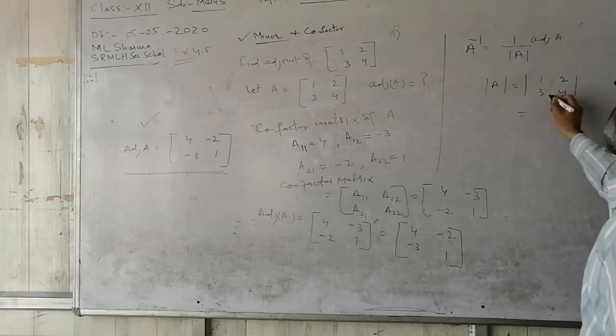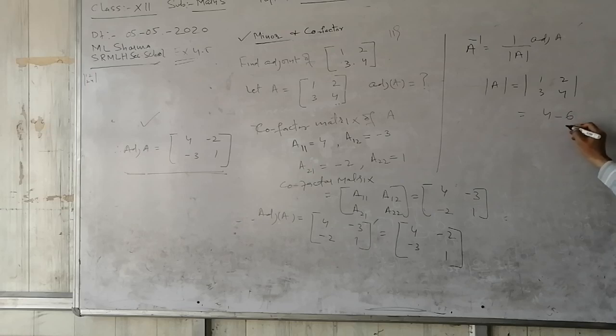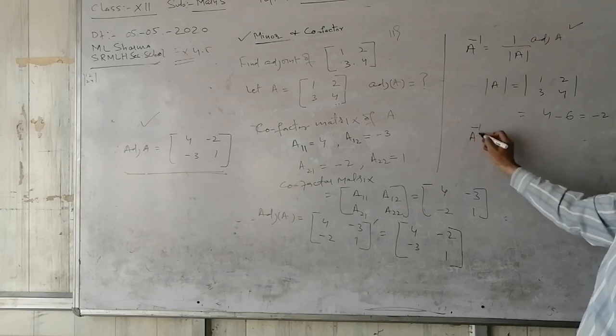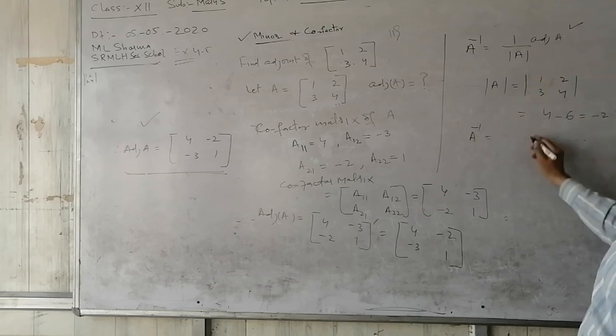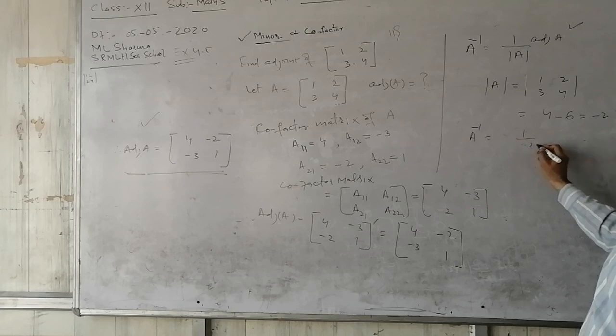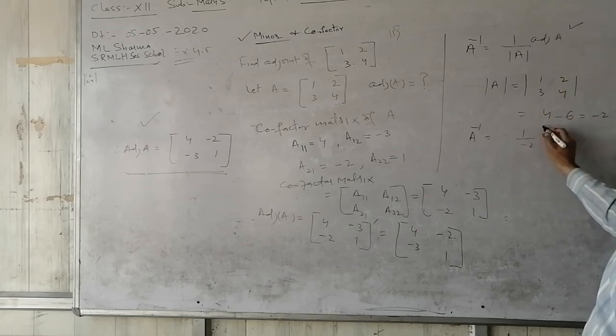So its value will be 4 minus 6, that is minus 2. So if I substitute this value here, A inverse will equal to 1 upon minus 2 into adjoint A.